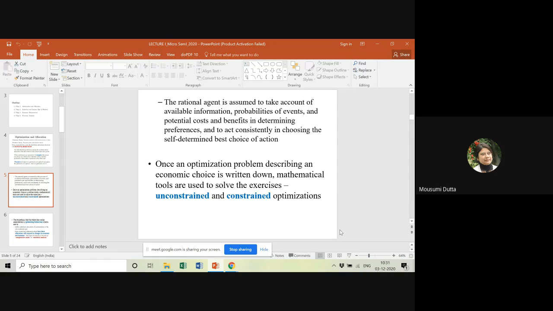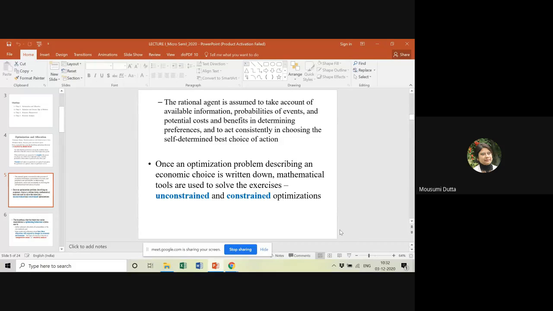However, if we consider the optimization exercise of the consumer, we consider maximization of utility subject to a budget constraint or income constraint. If we consider output maximization, then we do it subject to a cost constraint. Or if we consider a cost minimization exercise, we do it with the output constraint.